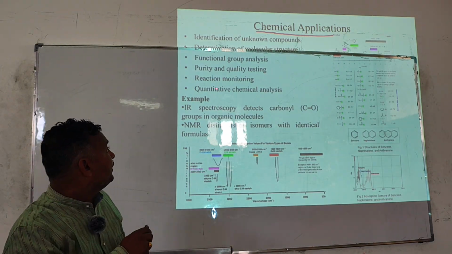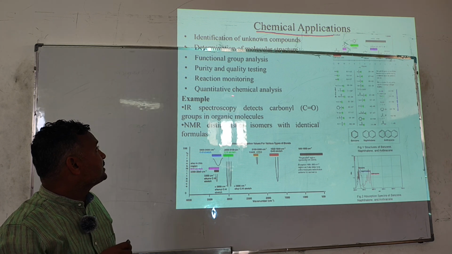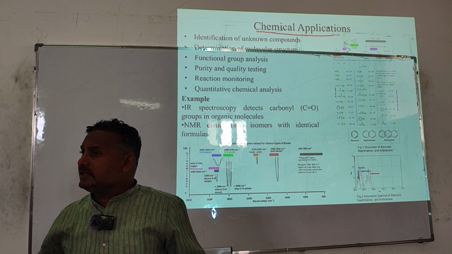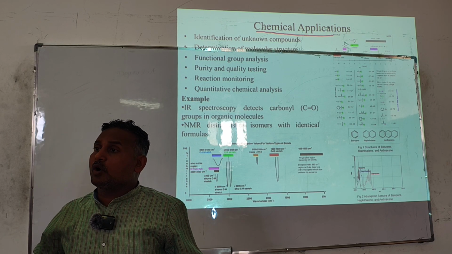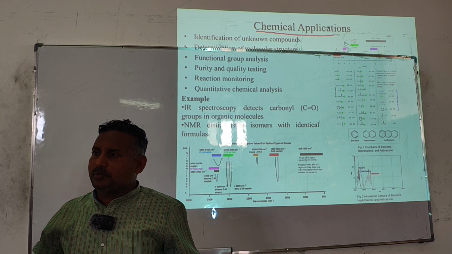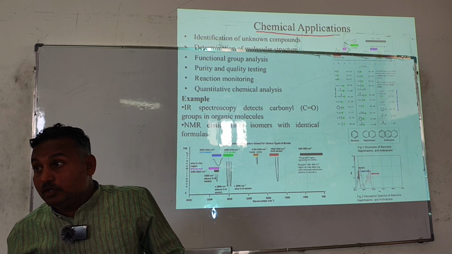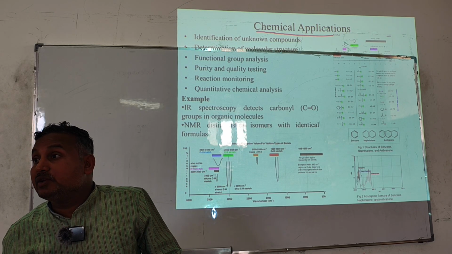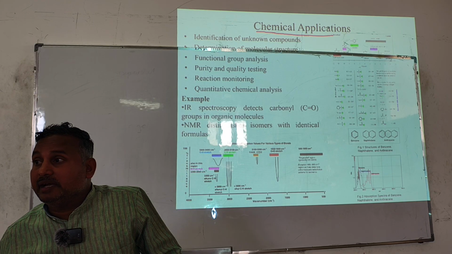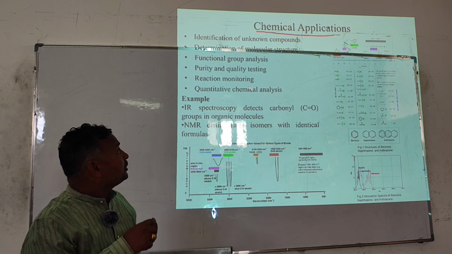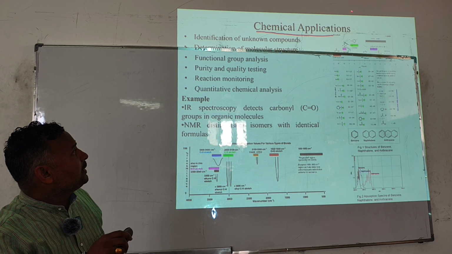Reaction monitoring can be done by using spectroscopic techniques. Quantitative chemical analysis: we can analyze chemicals quantitatively by using spectroscopic techniques, particularly UV visible. UV visible spectroscopy is highly useful for quantitative analysis.